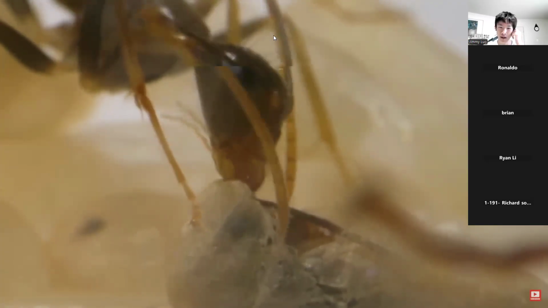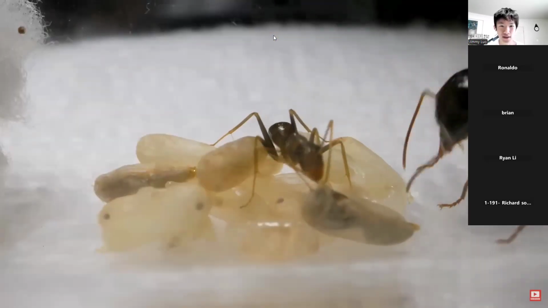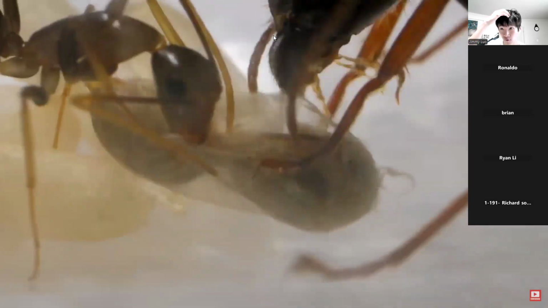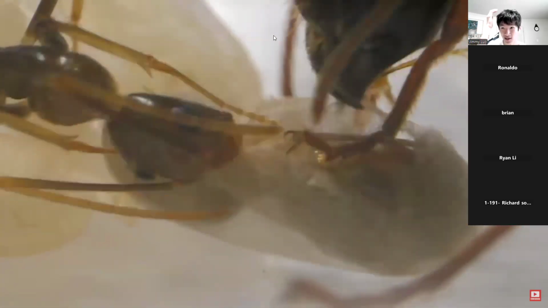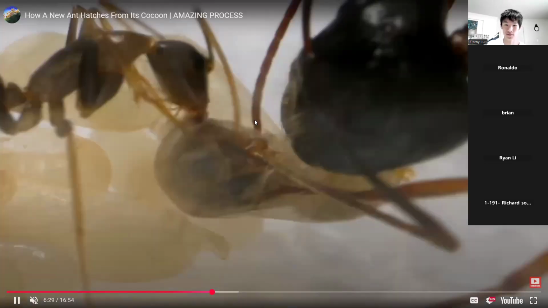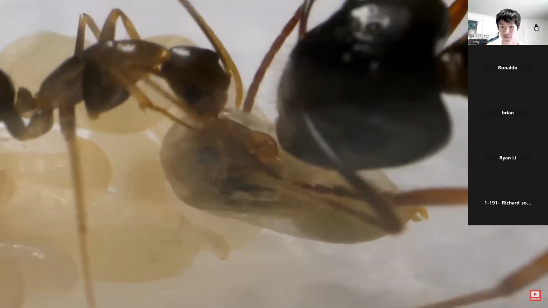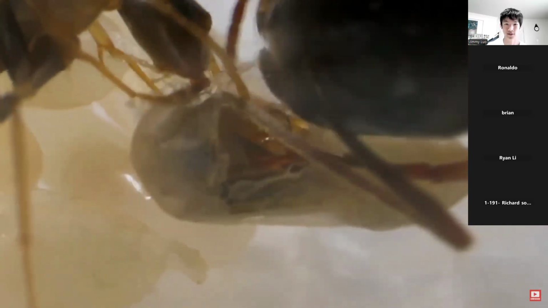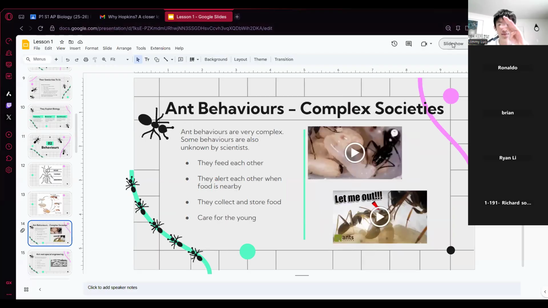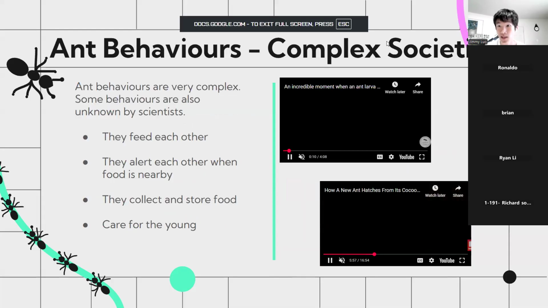It's all underground, even though it's happening all the time, millions of times in nature. This is basically how ants care for their brood, or their babies. Okay, so these are some of their really complex behaviors.